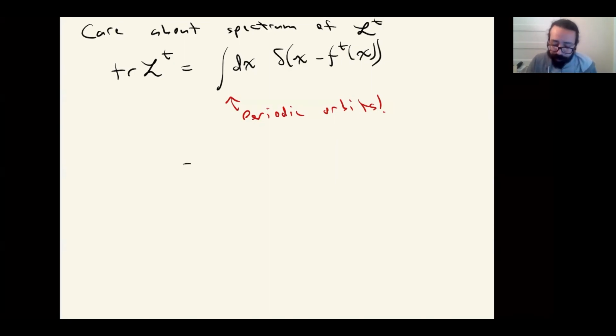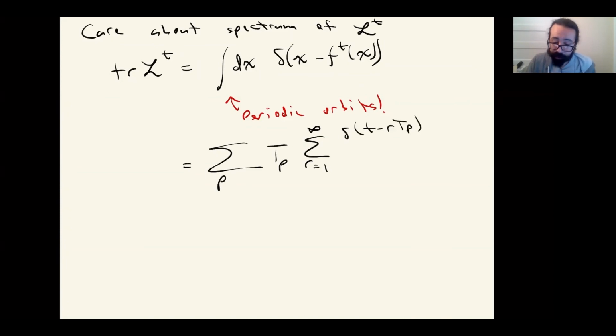And indeed, you can write down an exact expression for this trace in terms of these periodic orbits. So I'm just going to write it down, and then we can stare at it and then probably end.